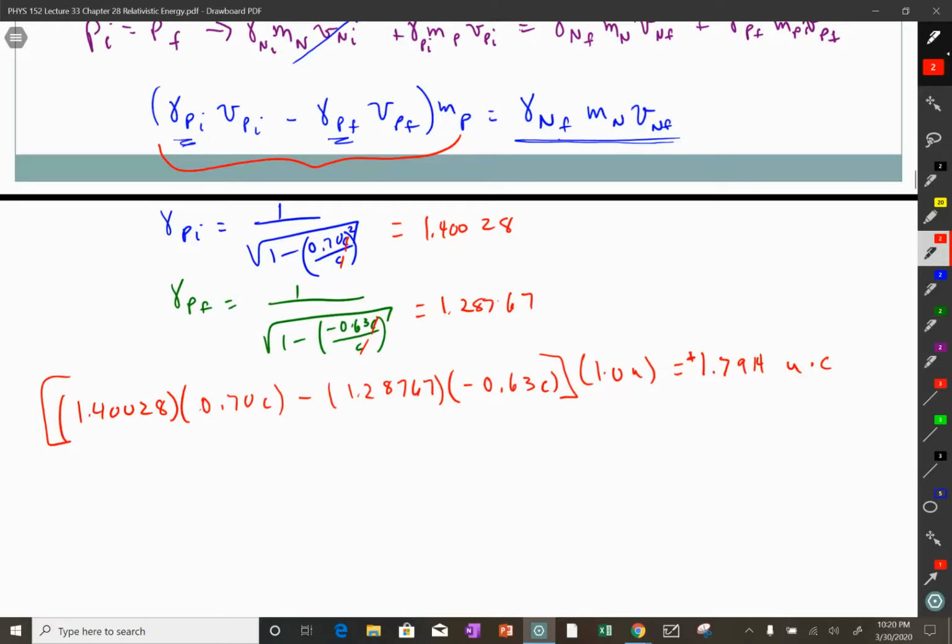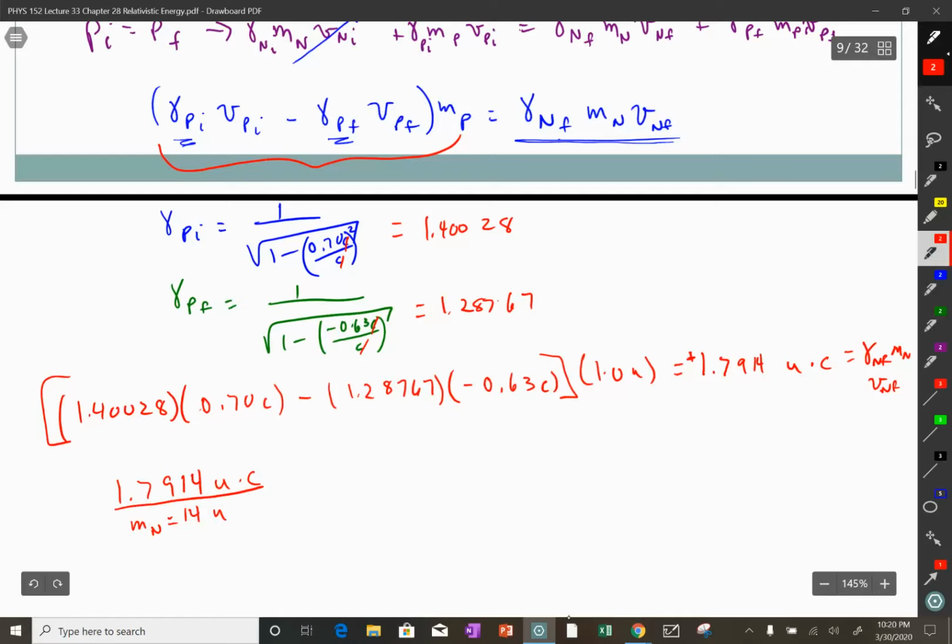Now, what do I do from here? If I take that, it's equal to gamma n final times mass n times Vn final. Let's divide both sides by Mn. So I have 1.7914 atomic mass units times C divided by mass of the nitrogen, which is 14 atomic mass units.